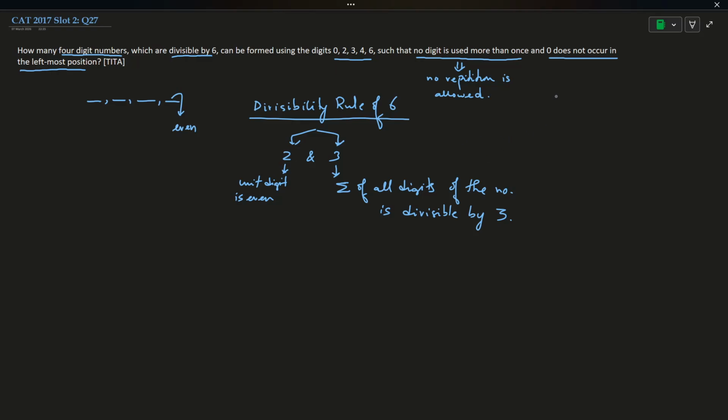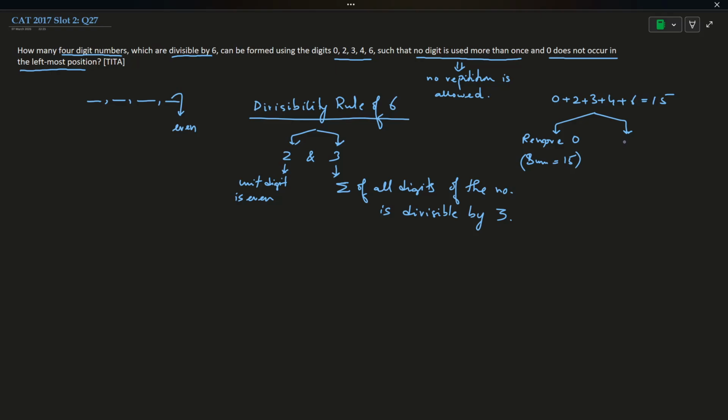So first of all, what is the summation of the digits? 0 plus 2 plus 3 plus 4 plus 6, which is 15. Already it is divisible by 3, right? 2 plus 3 is 5 and 4 plus 6 is 10, so it's 15. That means I can remove 0. If I remove 0, the sum will still be 15 and divisible by 3.